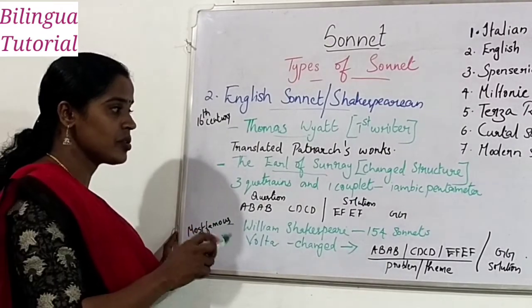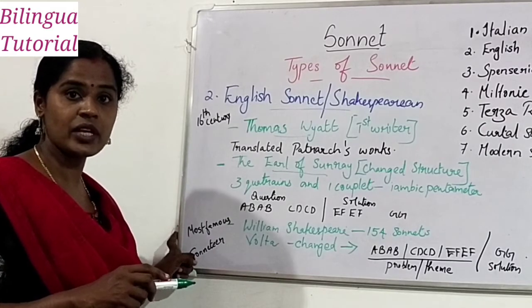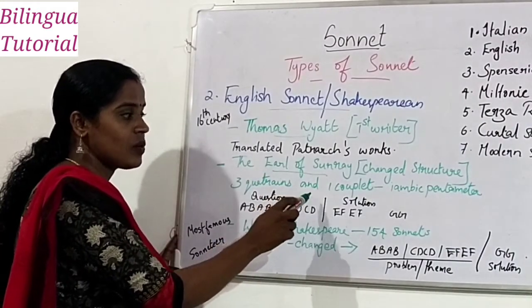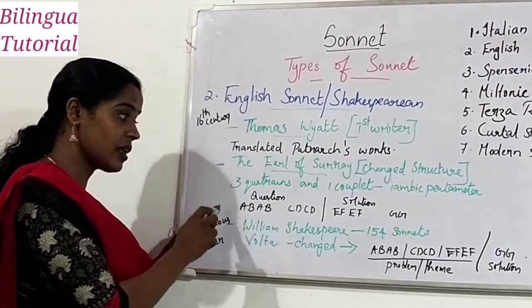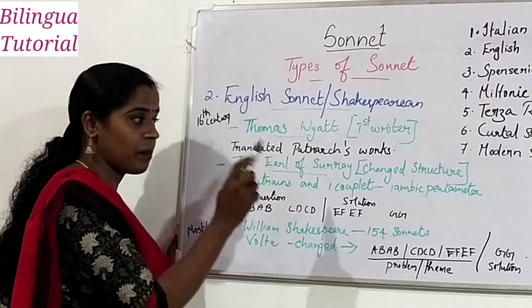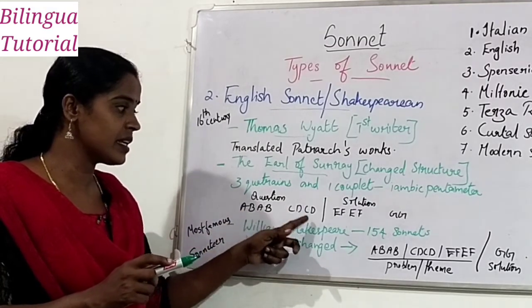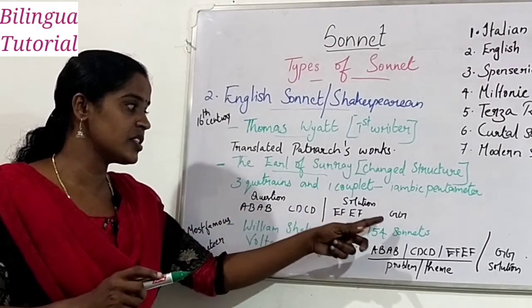The structure of the English or Shakespearean sonnet is this. It has 3 quatrains and 1 couplet. See, A B A B, C D C D, E F E F, G G.